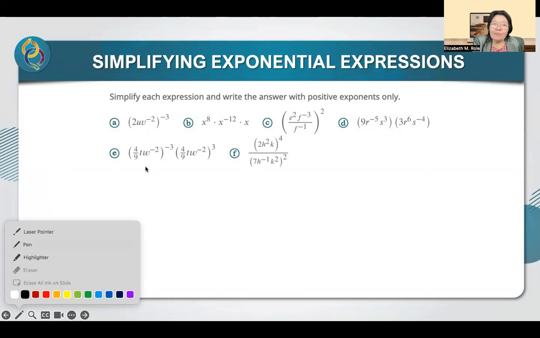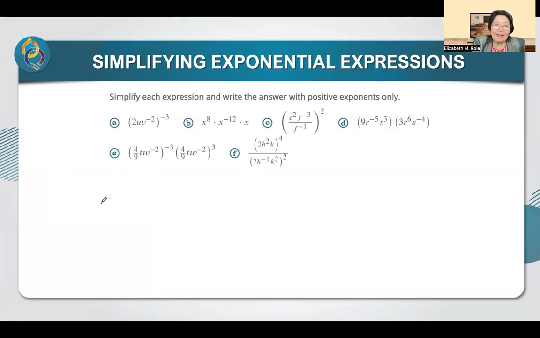Be very observant of what's happening here. You have 4/9 t, w to the negative 2. They are the same expression. Then you raise it to minus 3 and 3. So the same expression, it will now be minus 3 plus 3, which is 0.